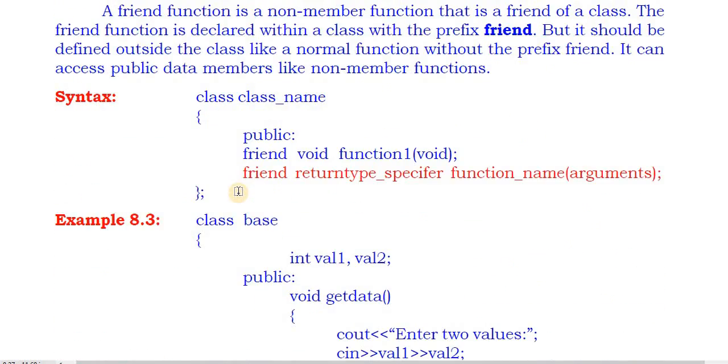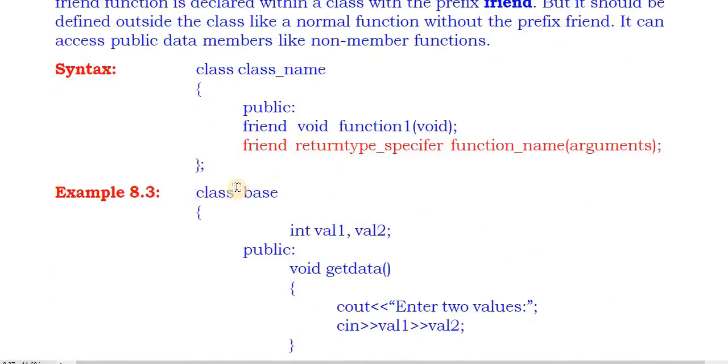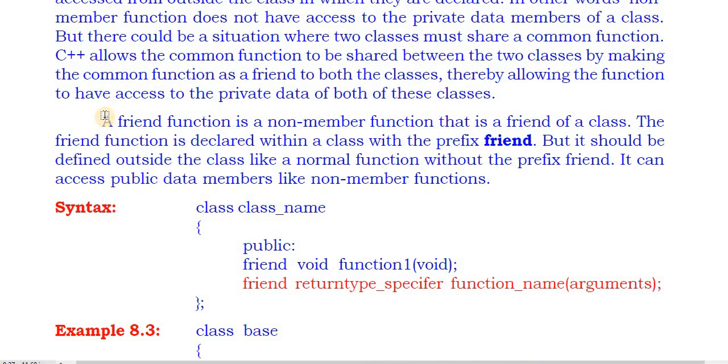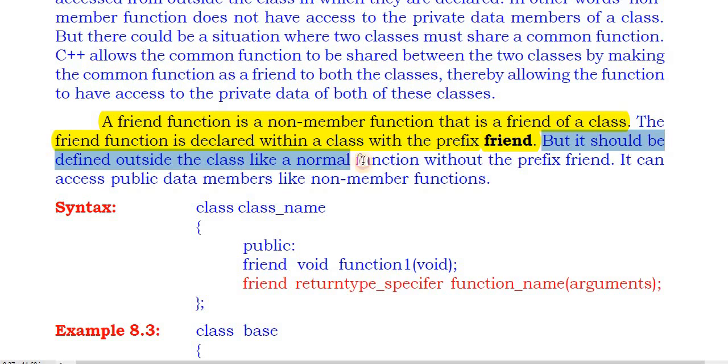A friend function is a non-member function. It is not a member of the class. It is declared inside the class body with the keyword friend, but it should be defined outside the class like a normal function.